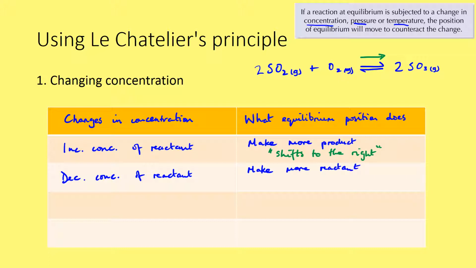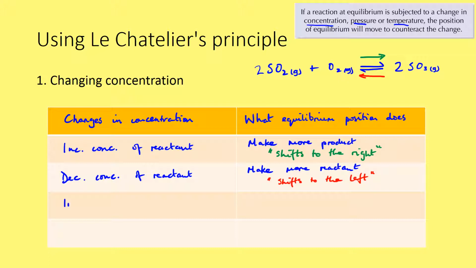In that case, the backward reaction is happening at a faster rate. So we could say the equilibrium position shifts to the left, to reach a new equilibrium position eventually.